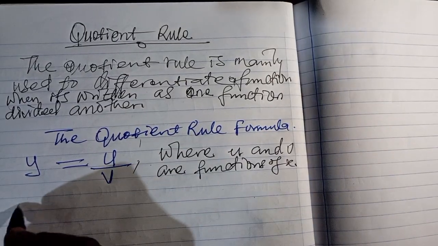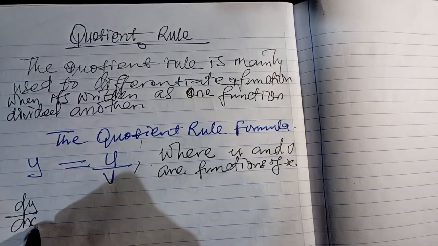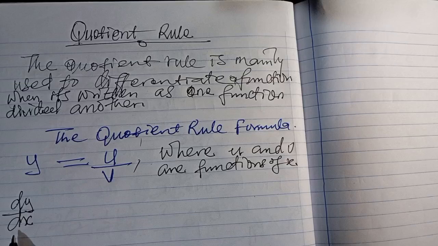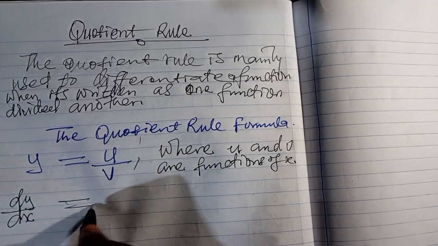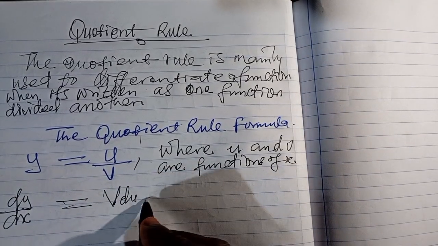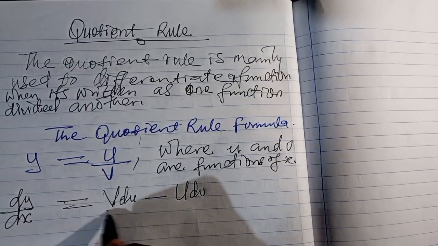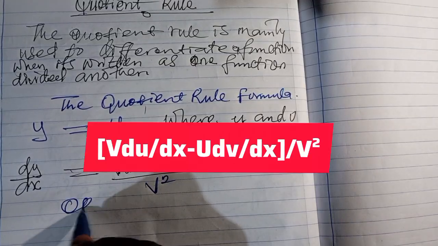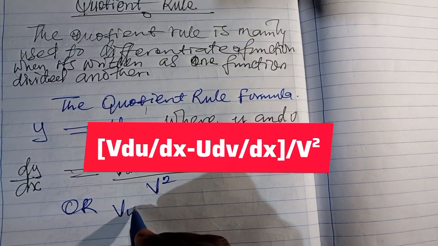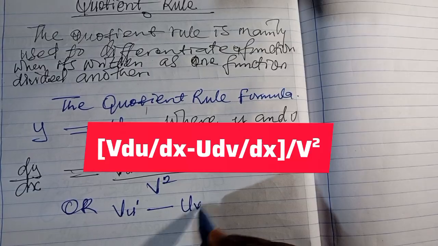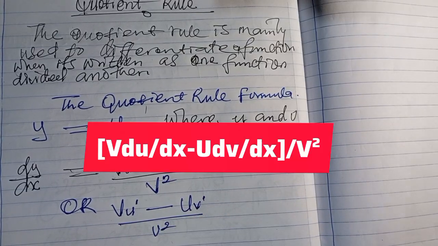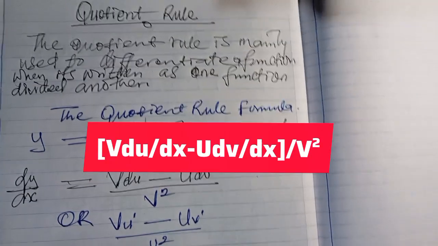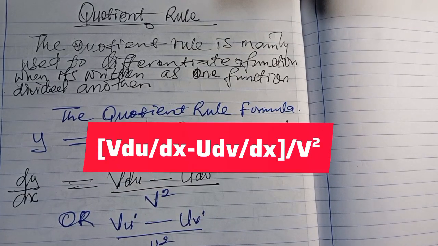Because u and v are all functions of x, dy/dx will be v du minus u dv, all divided by v raised to power 2. This can also be written as v u prime minus u v prime, all divided by v raised to power 2. Remember, u is the numerator, v is the denominator.